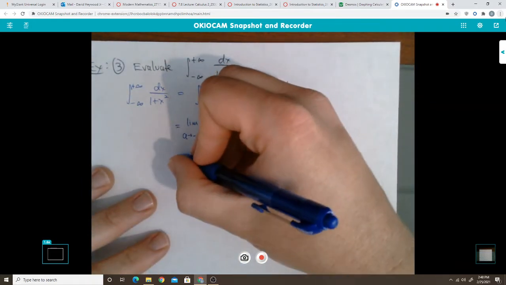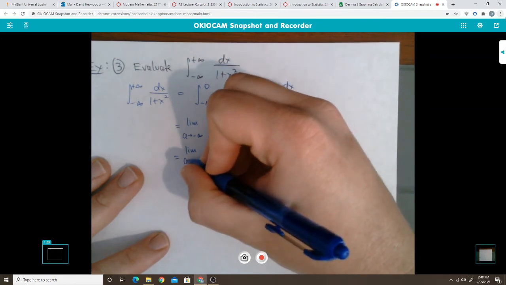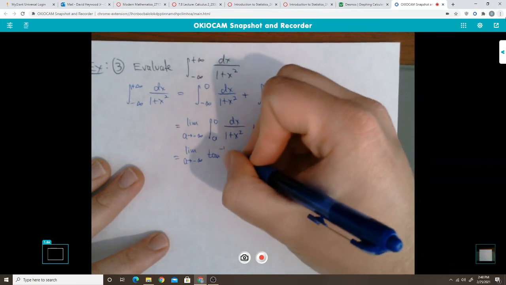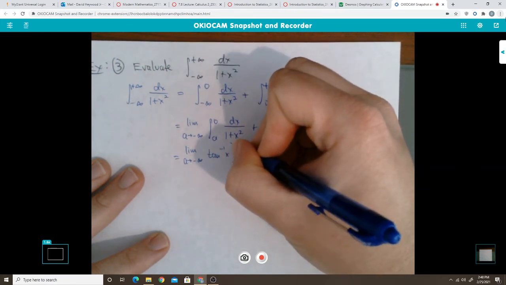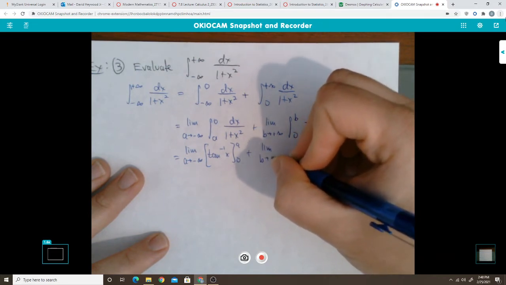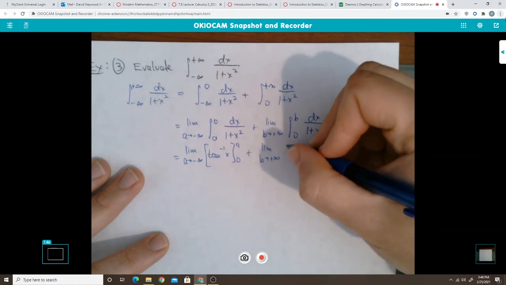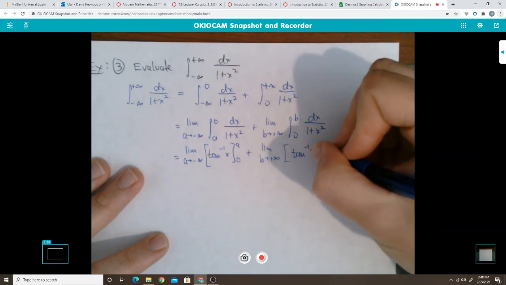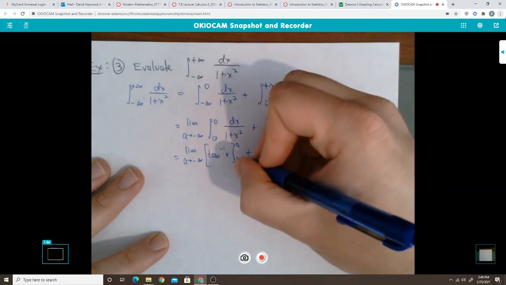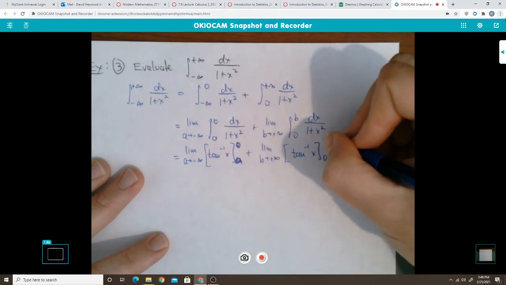So, goodness. We're going to have the limit as a goes to negative infinity of tangent inverse of x evaluated from a to 0, plus the limit as b goes to positive infinity of tangent inverse of x evaluated from 0 to b.